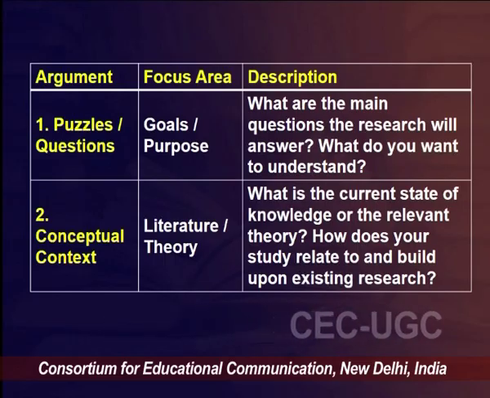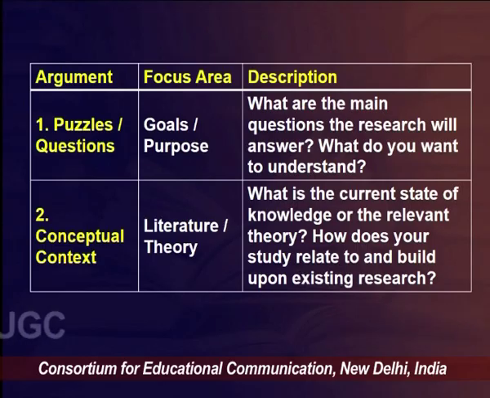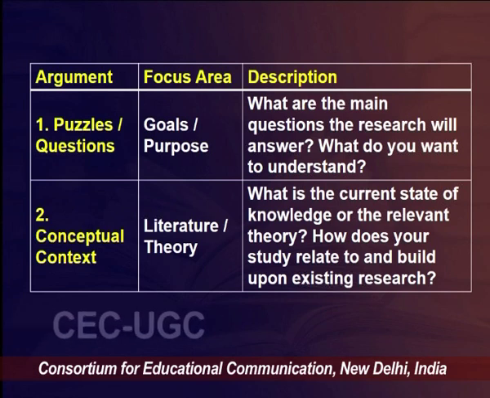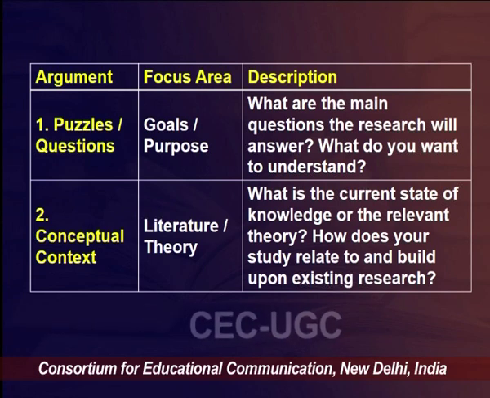So, the description is in terms of what is the current state of knowledge or the relevant theory. How does your study relate to and build upon the existing research? These are the relevant questions which the researcher needs to ponder upon when thinking about conceptual context.